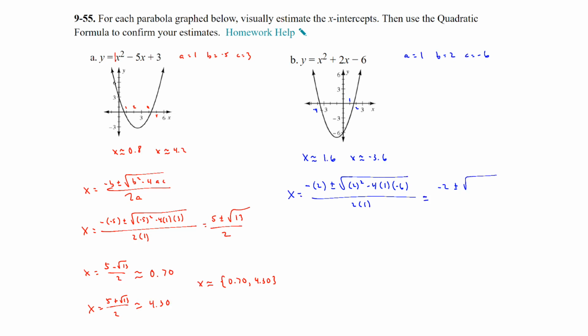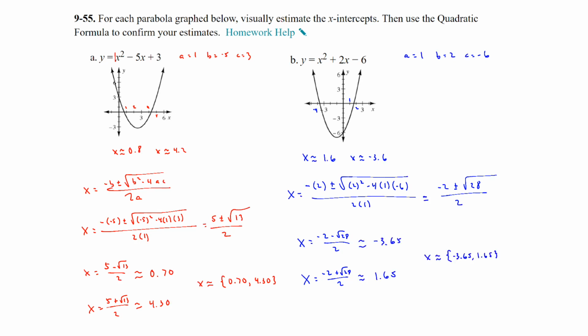That's going to be 4 plus 24, so that's 28, over 2. All right, and so now to get our approximations, we'll plug in x equals negative 2 minus the square root of 28 divided by 2 and figure out what that is approximately, and x equals negative 2 plus the square root of 28 divided by 2. So plug that in the calculator and see what you get.